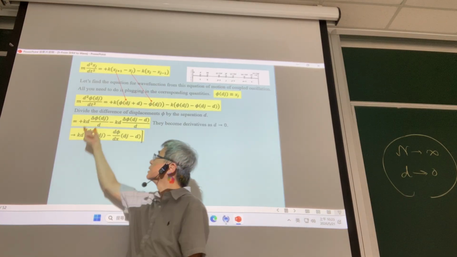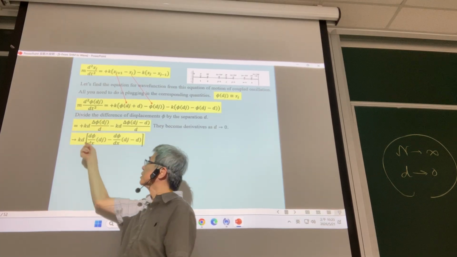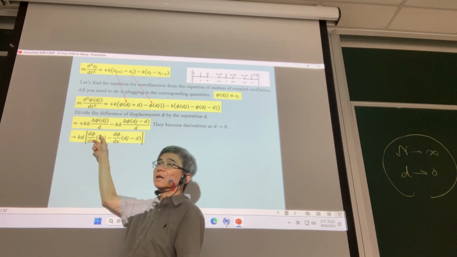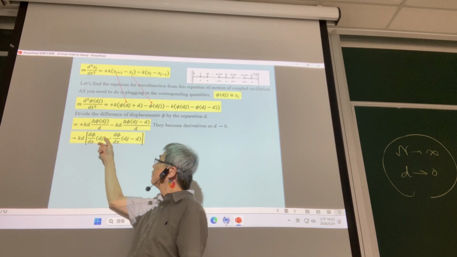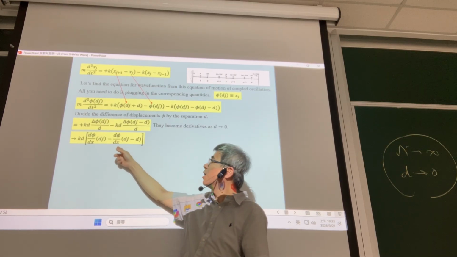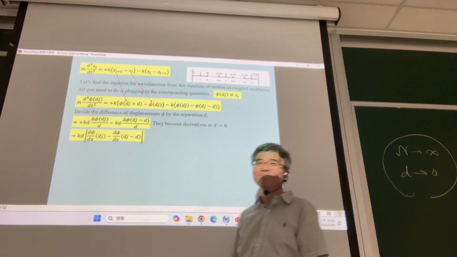So here I have a difference of function divided by the difference of the variable. So it is d phi over dx, evaluated at dj. The second term is exactly the same derivative, however now evaluated at dj minus d.